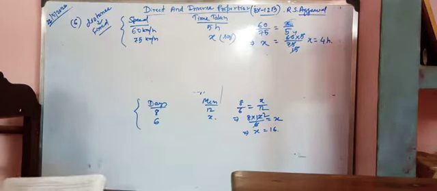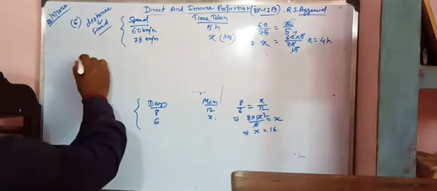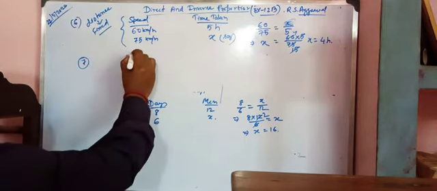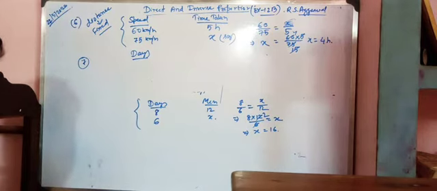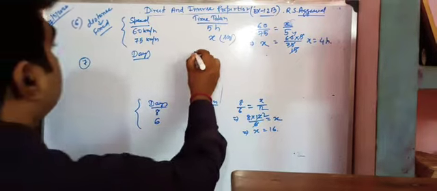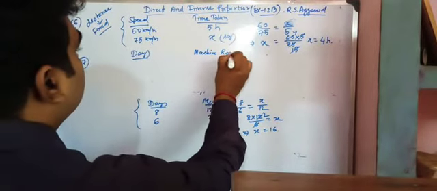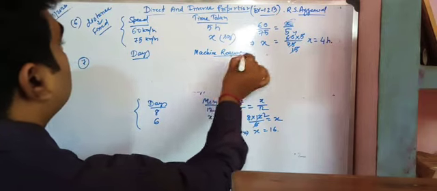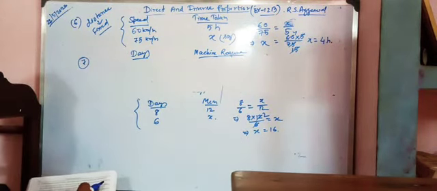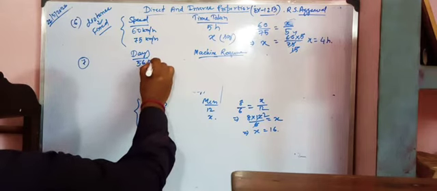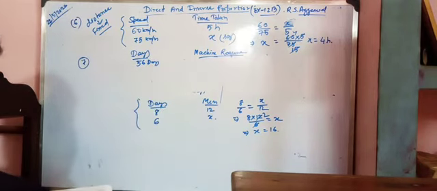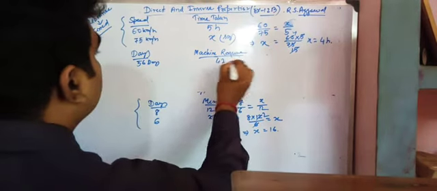Again we are doing question number 7. I am making only the chart, that is days. First is days, next machines required. So the first is 56 days and 42 machines.